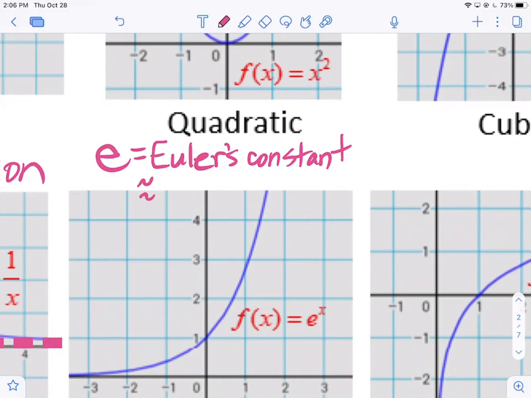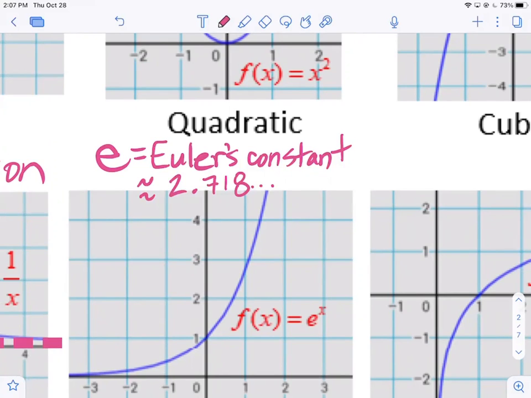We call it a transcendental irrational number. Do y'all know what it is approximately? 2.718... So it's between 2 and 3, closer to 3, 2.7.